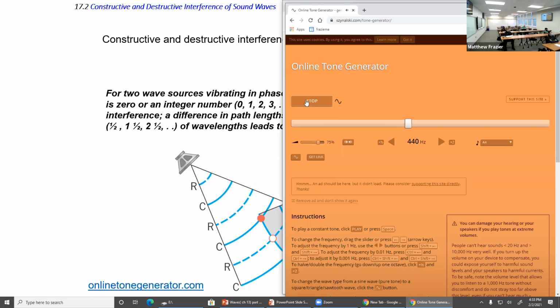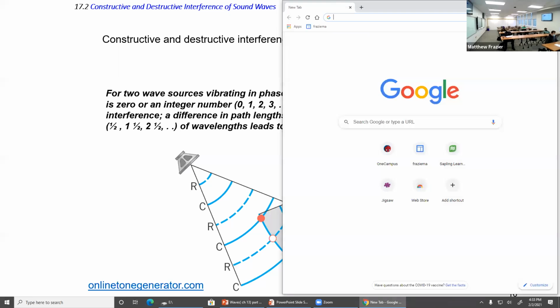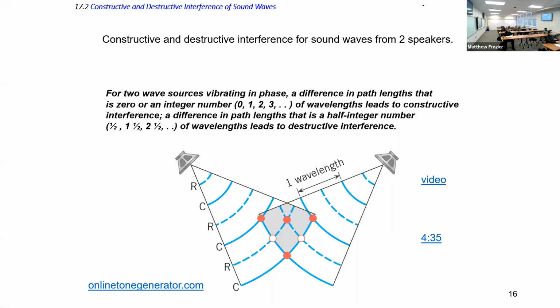We'll try to do this maybe for the next lab, set up two obvious sources. But if you've ever been in a house with a sound system that's been poorly tuned, that's what's going on. They've not adjusted for where you're trying to sit.